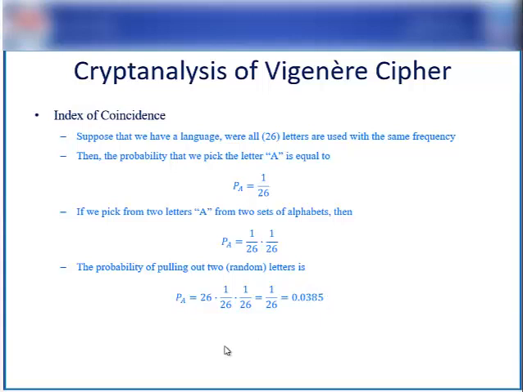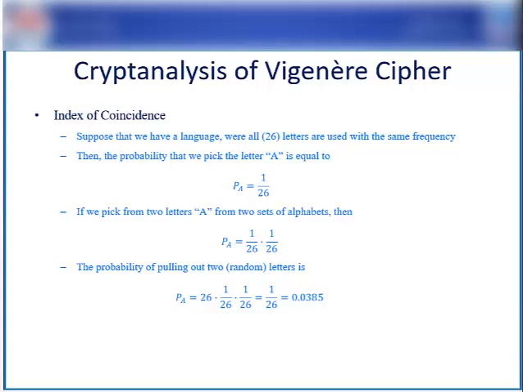If the distribution of our letters were uniform, the index of coincidence would be this number. However, this distribution is not uniform. As we said before, some letters such as E occur more often, while others, for example Z, occur less often.